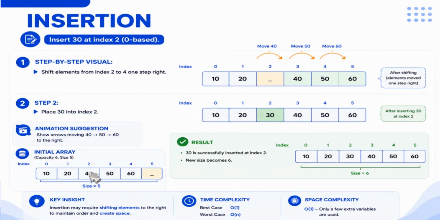Suppose we shift 40 to the next index first. At that index we shift 40 over, so the value there is replaced with 40 and becomes overwritten. So we need to do it from the end.